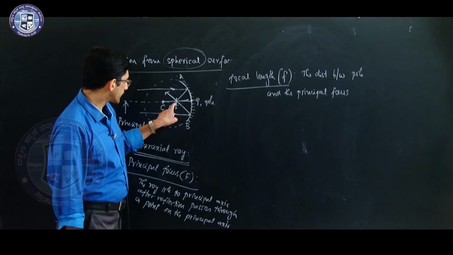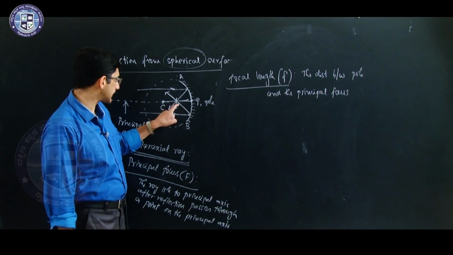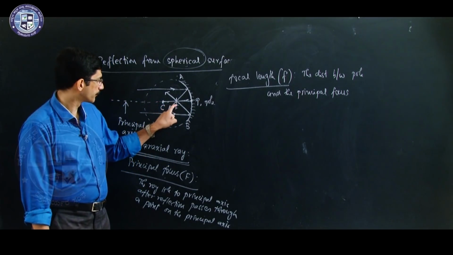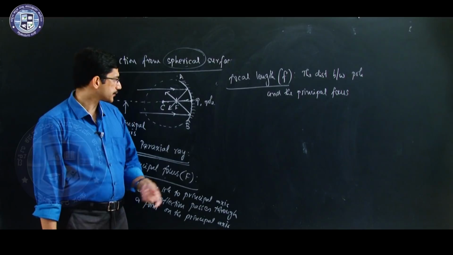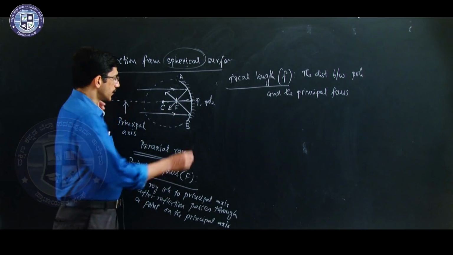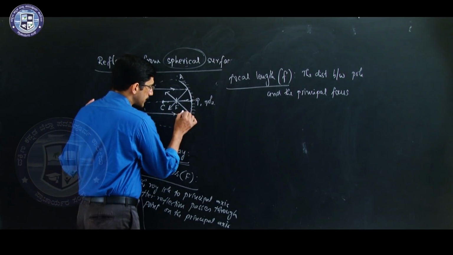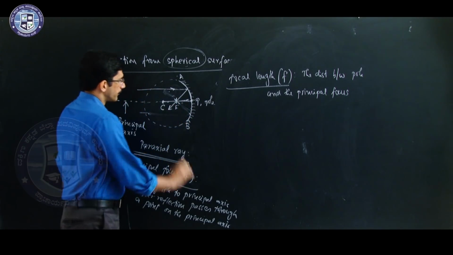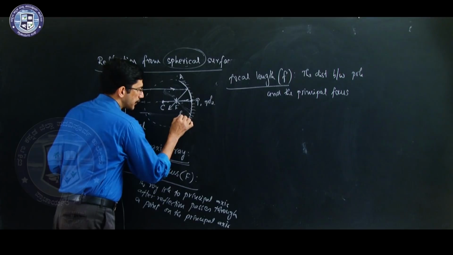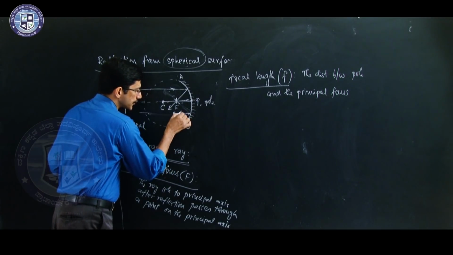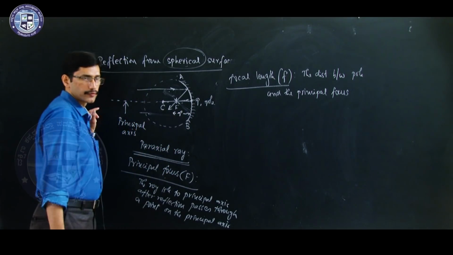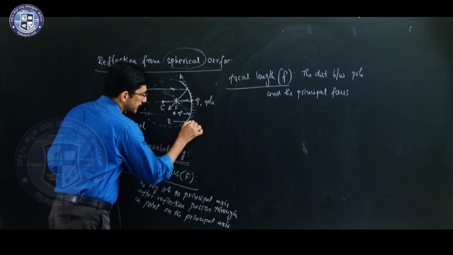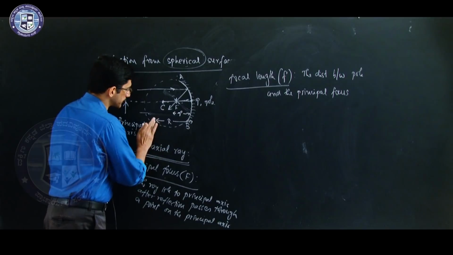And the principal focus lies exactly midway between the pole and the center of curvature. We will prove that later. The small f is the distance from the pole to the focus, so this distance is the focal length, and the distance from the pole to the center of curvature is nothing but the radius of curvature.